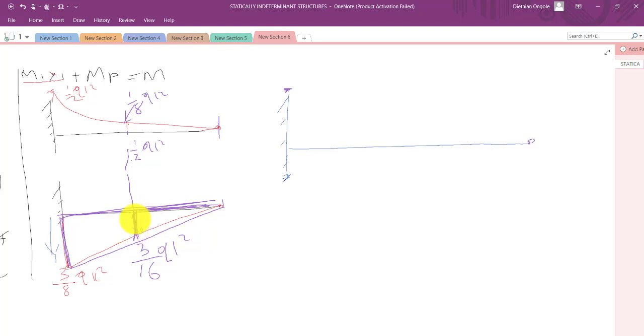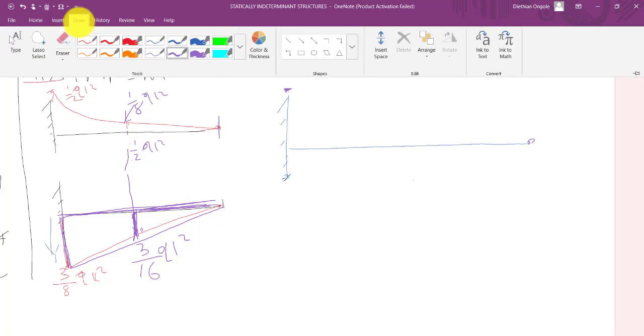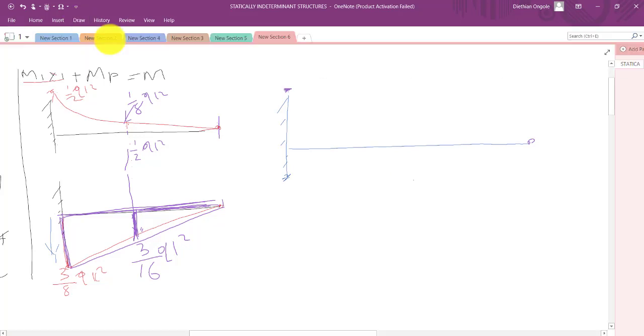So now when I add this 1 over 8 minus 3 over 16 QL squared, I come up with my value as negative QL squared over 16. That means it's to be found down somewhere here. So knowing the 3 points, I can go on and draw my bending moment diagram.